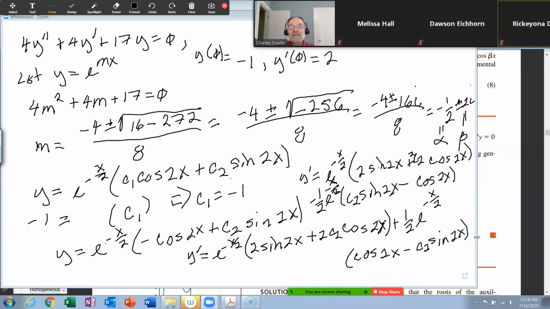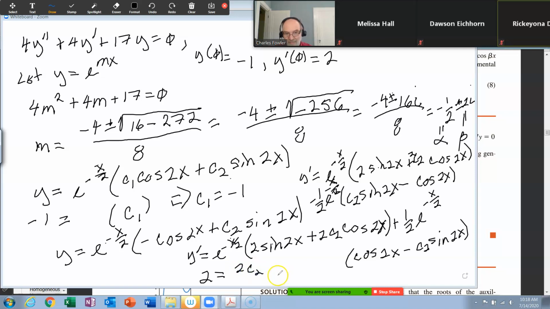Okay, now I plug in 0 for the y prime. Jumped the gun on it big time last time. There it is. So that's going to be a 2 is equal to, and e to the 0 is still 1. Cosine and sine of 0 is still 0. So here we have a 2 C2.